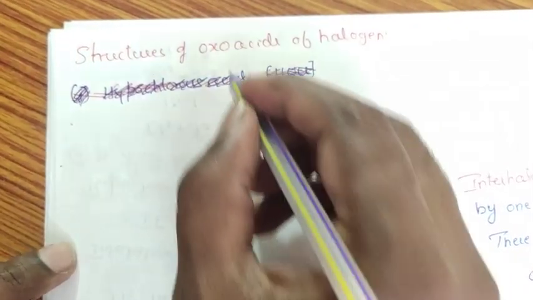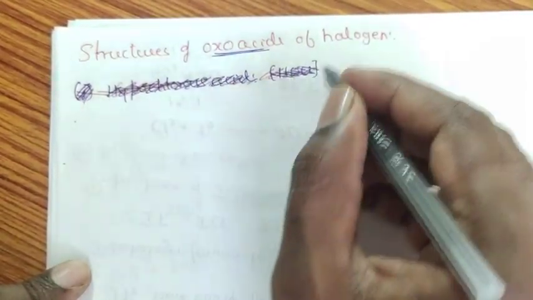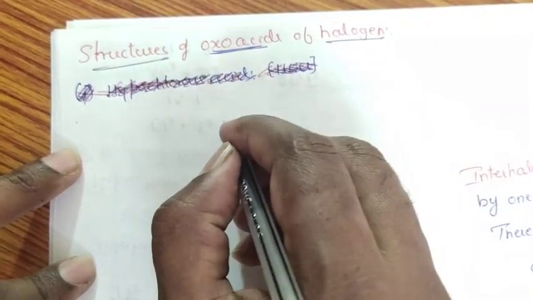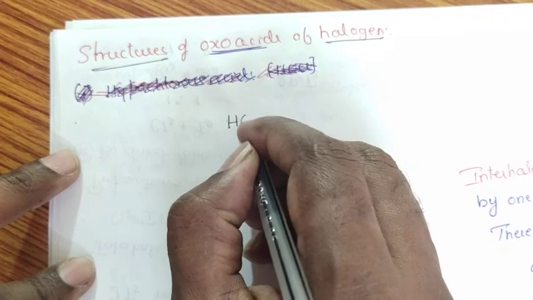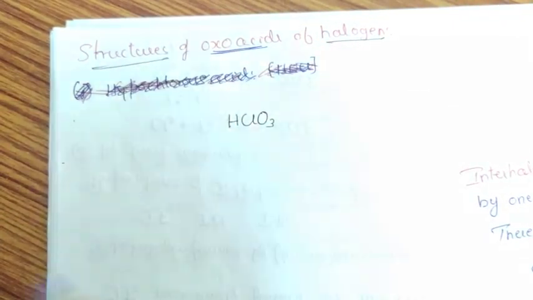Coming to next, structures of oxo acids of chlorine. Not halogen, you should write chlorine. The major product in this case, I will take as HClO3, which is called chloric acid.